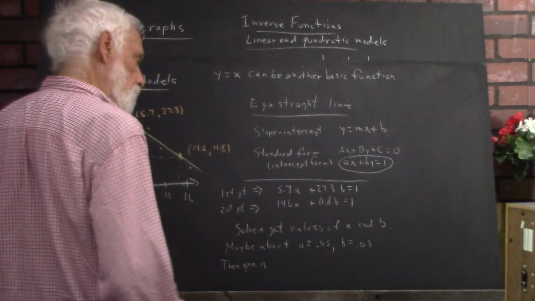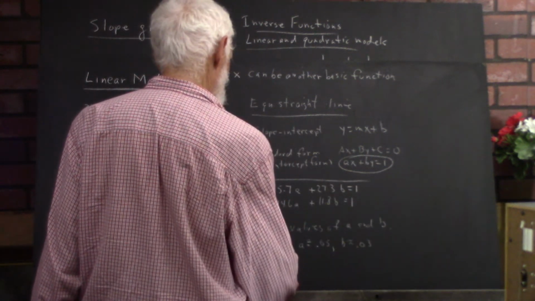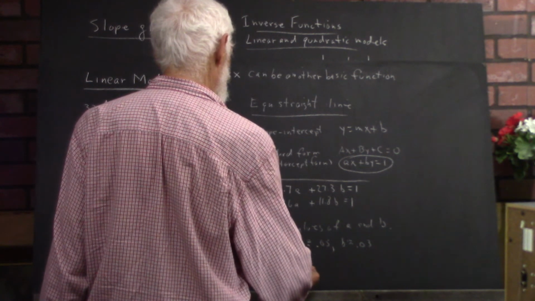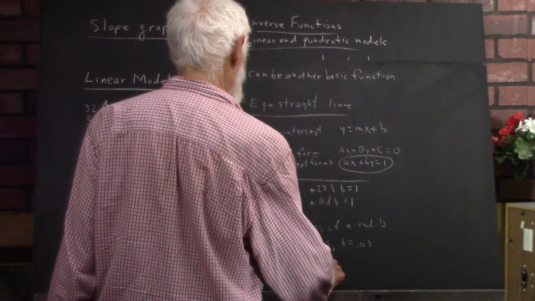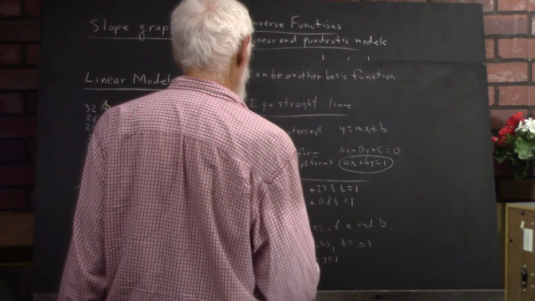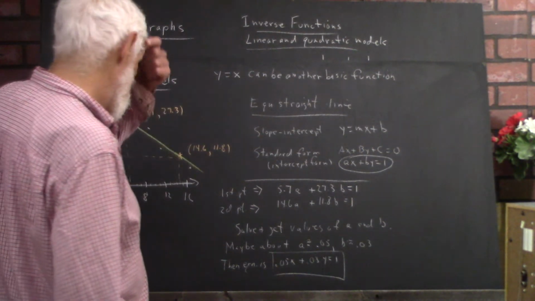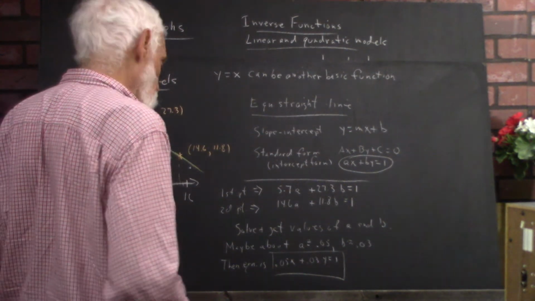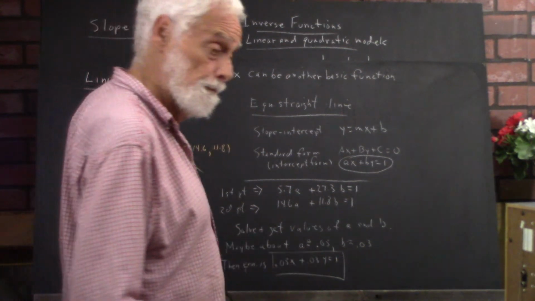Then the equation is ax plus by equals 1, 0.05x plus 0.03y equals 1. And there's one form of the equation. Another form of the equation, we could solve this equation for y.